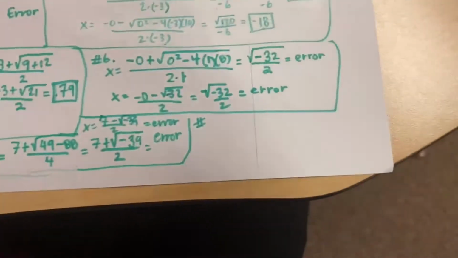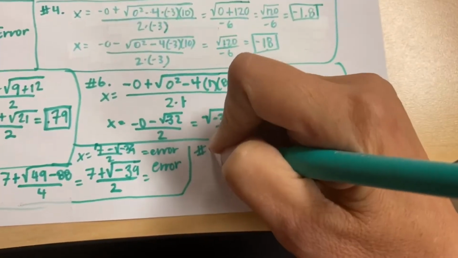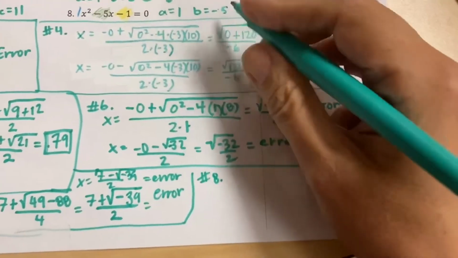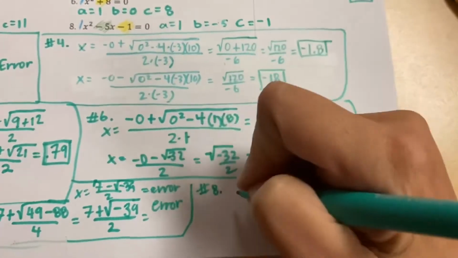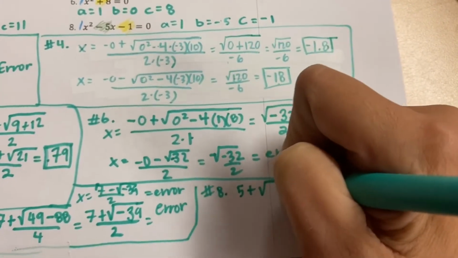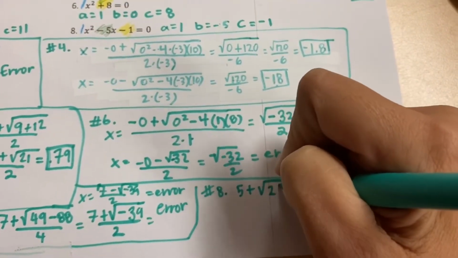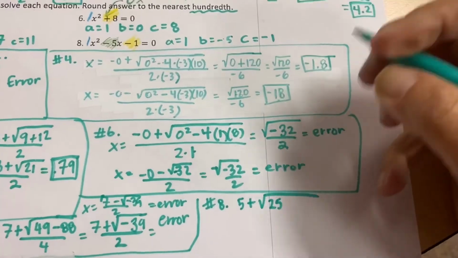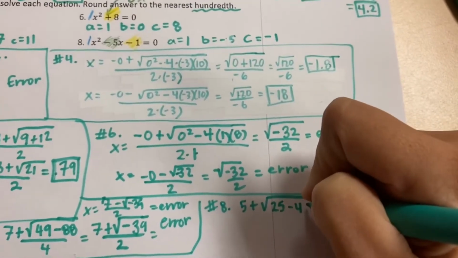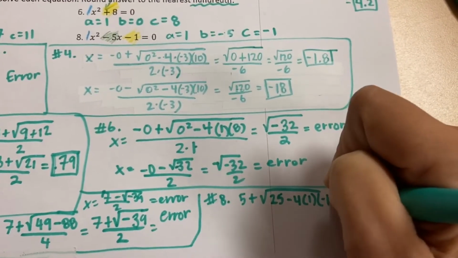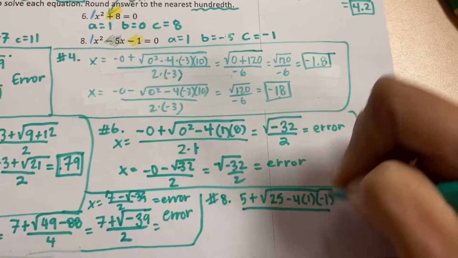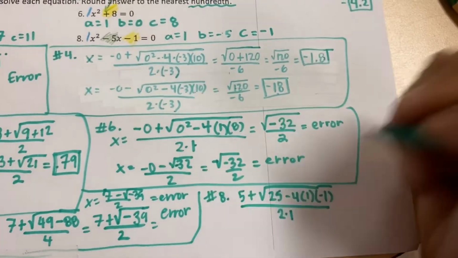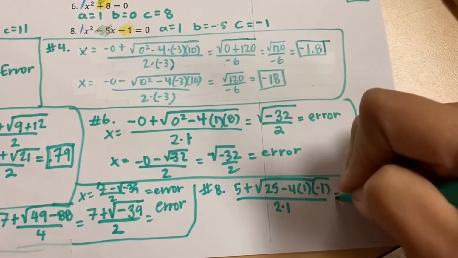Okay, so using our formula, negative b, negative 5 would just be positive 5, plus the square root of negative 5 times negative 5, would be 25, minus 4 times A times C, all over 2 times A. All right, clean this up.